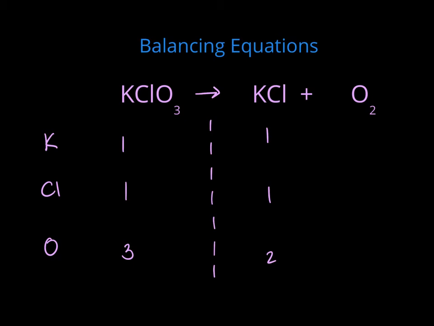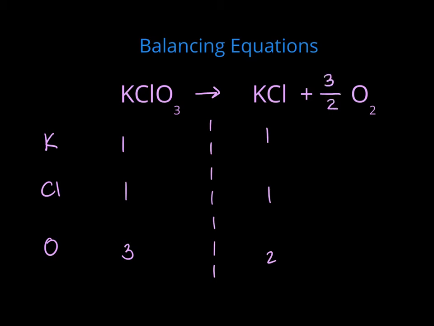So if I have 2 oxygens on my product side and 3 oxygens on my reactant side, what times 2 equals 3? Well, the only thing that I know of that I can multiply by 2 to get 3 is 3 over 2. So that's what I'm going to make my coefficient for my oxygen on my product side. I'm going to make it 3 over 2.